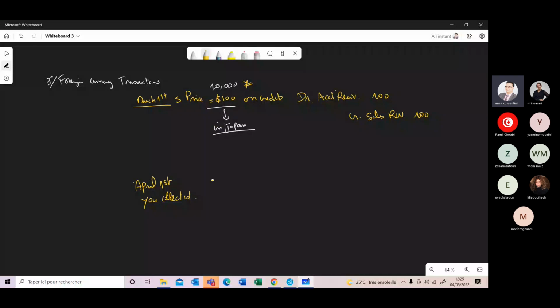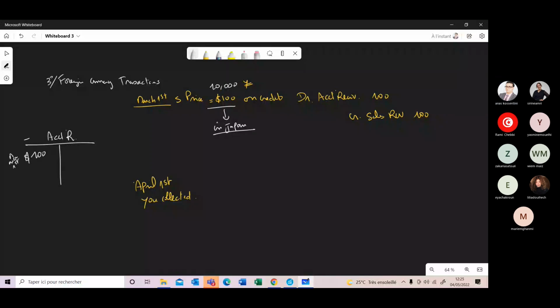So when you have an account receivable, this account receivable has been debited for, say, $100, which is the equivalent of 10,000 yen at March 1st.